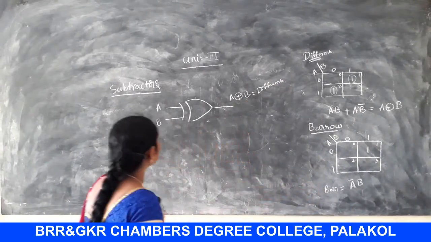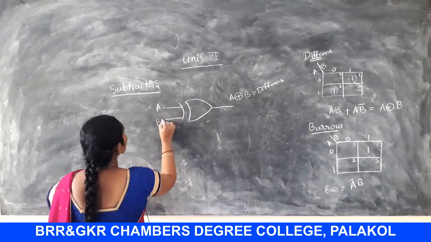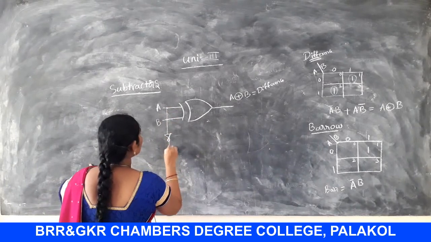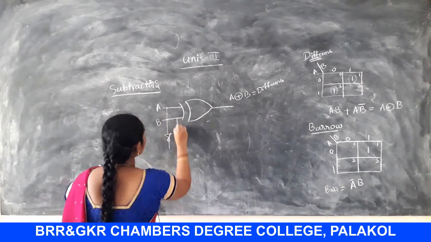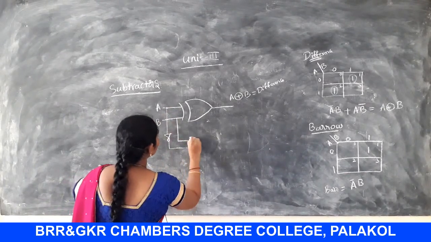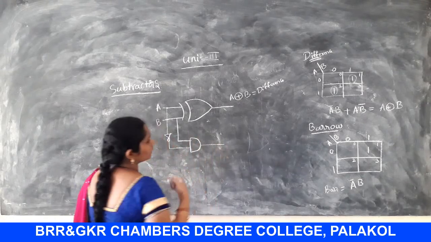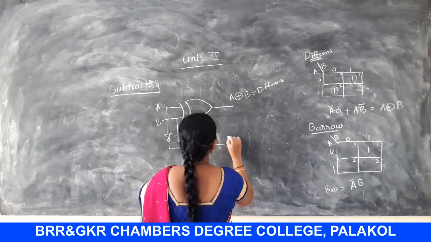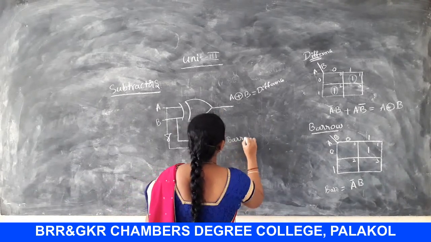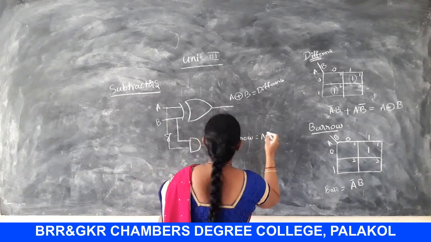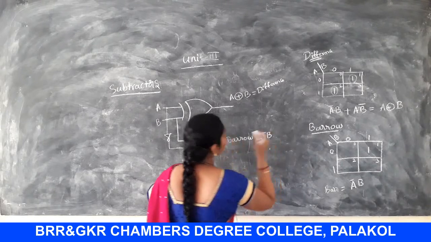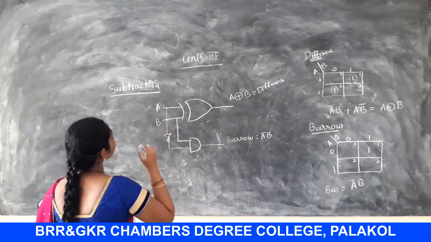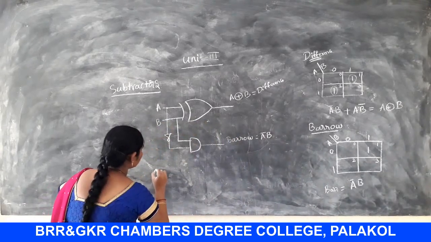The borrow is A bar B. So I consider A here. So bar is nothing but a NOT gate, and next one is B here. We take it as AND. So here this is for difference and this is for borrow. Borrow is equal to A bar B. Okay. So this is the logic diagram of the half subtractor.